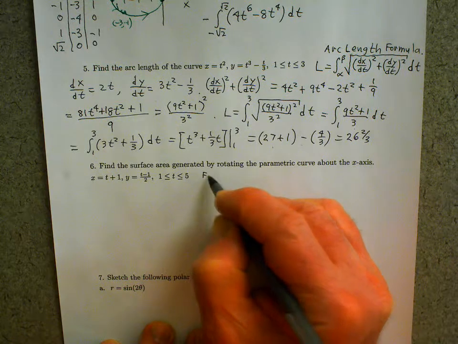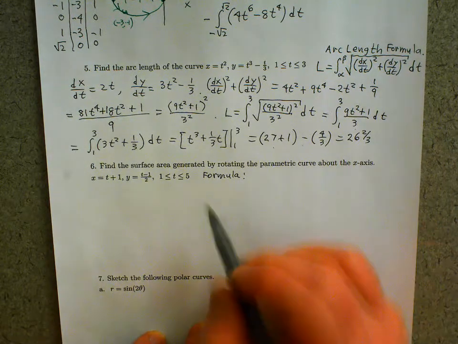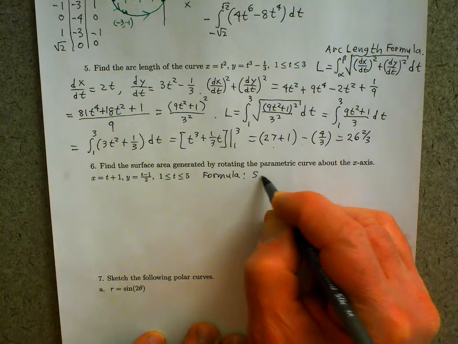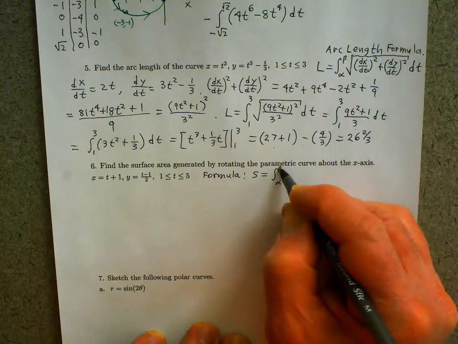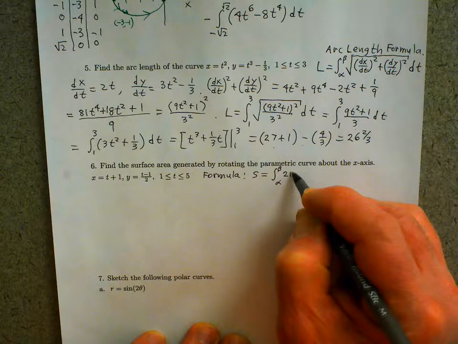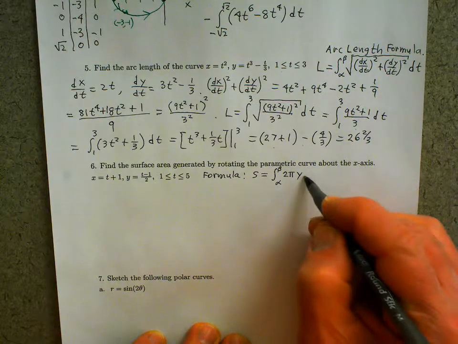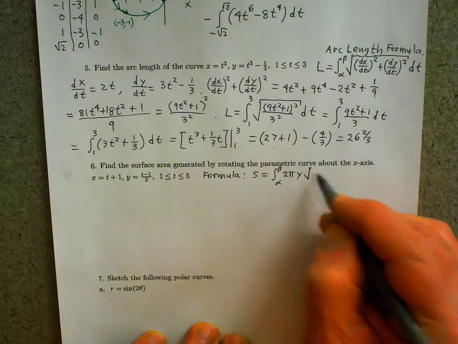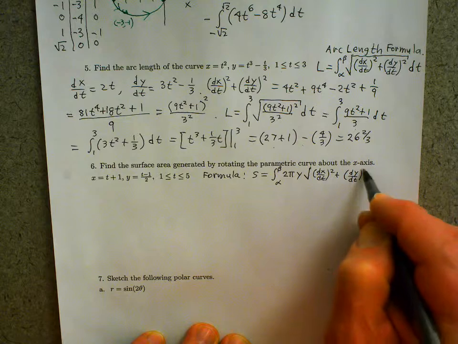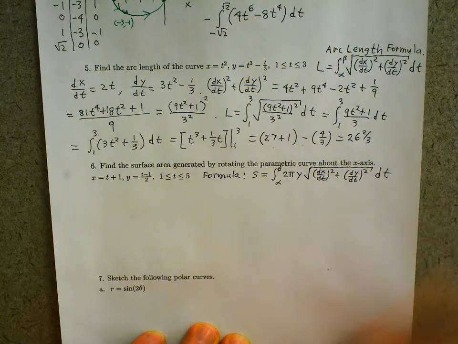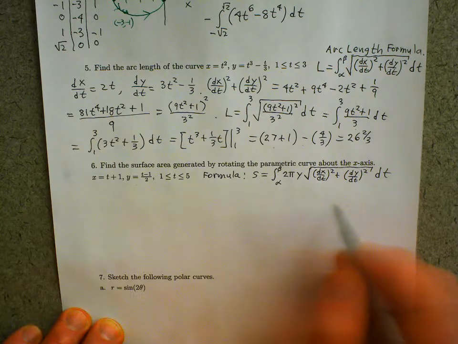Okay, the formula for rotating a parametric curve about the x-axis, the formula for the surface area, is the definite integral from t equals alpha to t equals beta, 2 pi times y, or g of t if y is g of t, and then times the square root of (dx/dt) squared plus (dy/dt) squared dt.